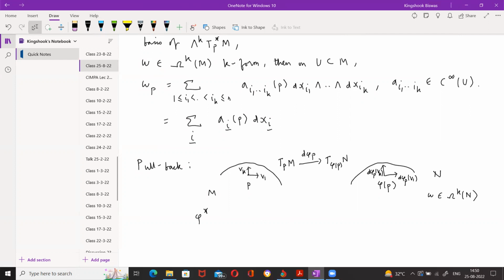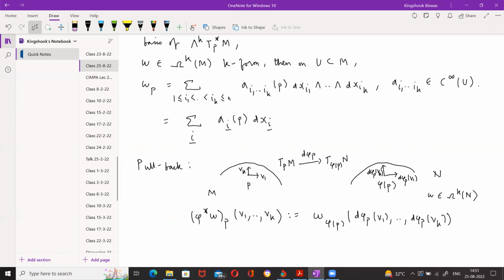So phi star omega at a point P applied to V1 to Vk, which are vectors in TPM, is defined to be omega at the point phi of P applied to the vectors d phi P V1 to d phi P Vk.